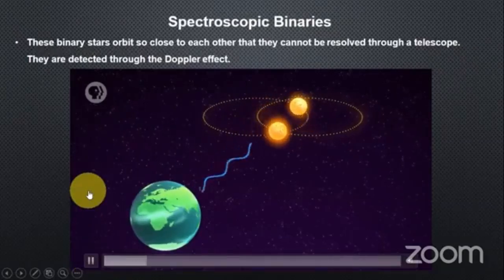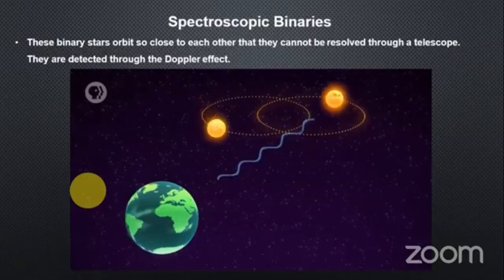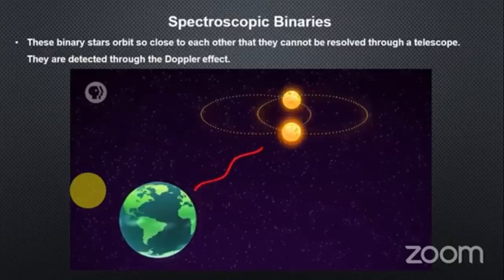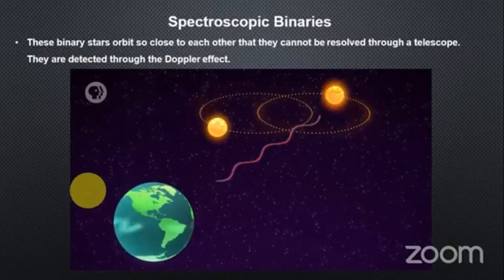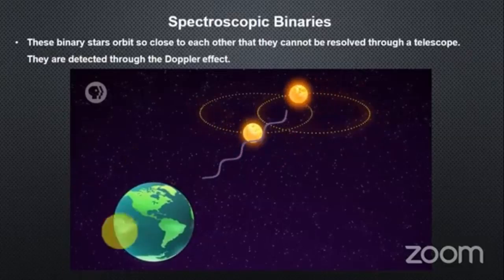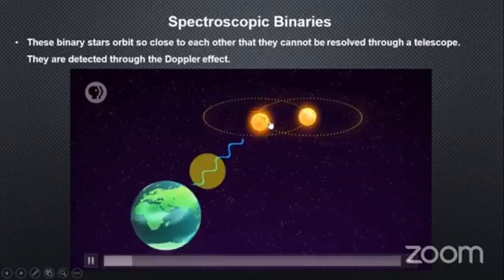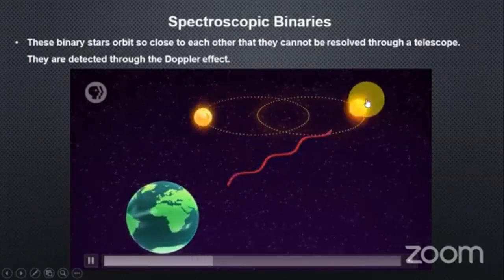Now, there are ones you cannot resolve using the telescope. These are spectroscopic binary stars. These binary stars are so close to each other that they cannot be resolved through a telescope, so they are detected through what we call the Doppler effect. Here you have two stars. As one is coming closer to you, it is blue shifted, and as it's moving away, it is red shifted.